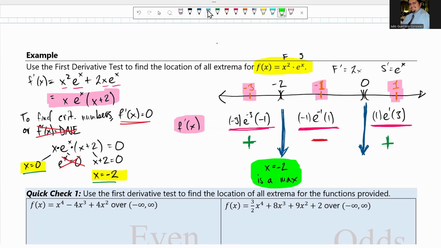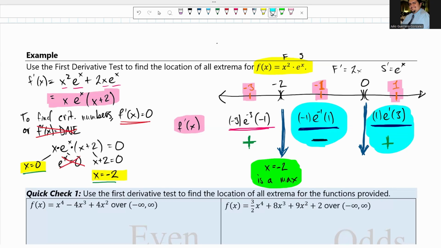I'm going to do the exact same analysis on this side over here for x equals 0. Before 0, the slopes are all negative, so my function is decreasing.